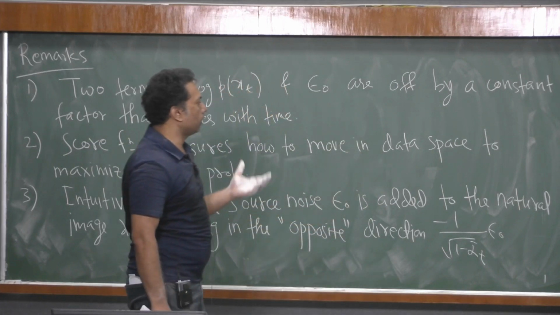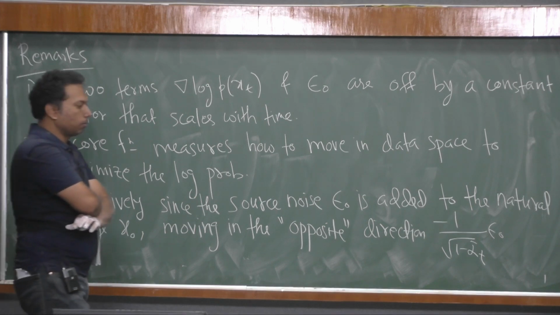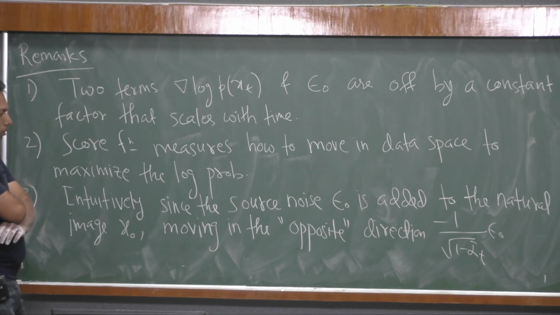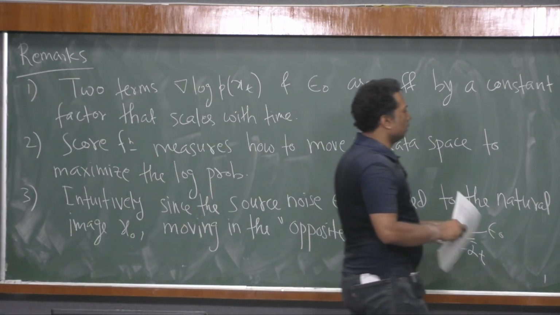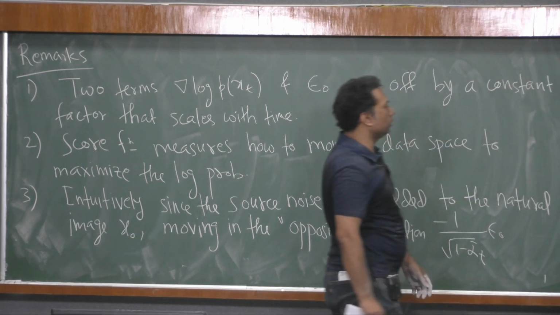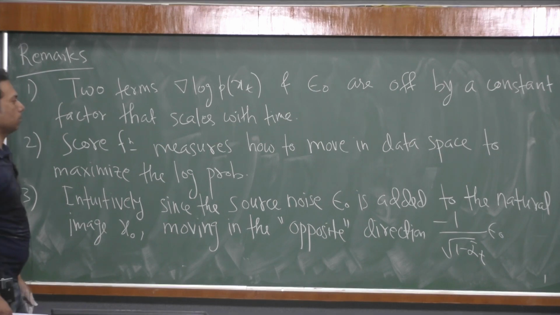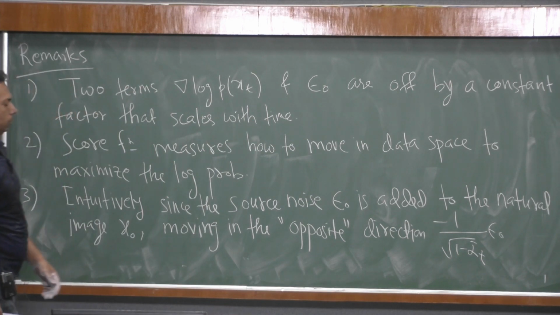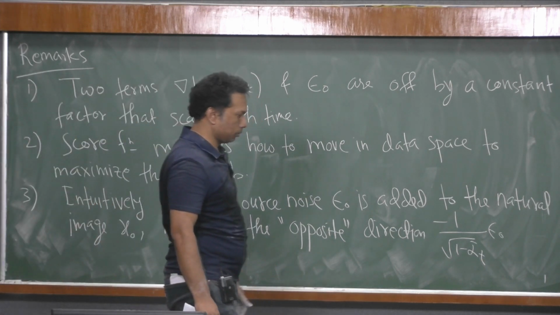As a third variant, using the Tweedie formula, it's equivalent to predicting a score function. Furthermore, looking at the score function, it is the negative of some scaling of epsilon naught. This has an interpretation in the sense that epsilon naught is the noise that I add, and hence I will subtract some negative scaling of that noise.